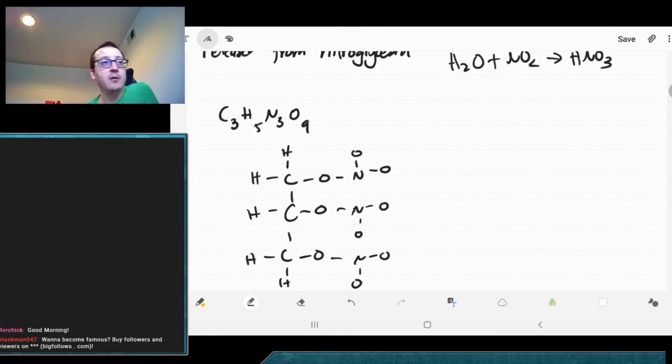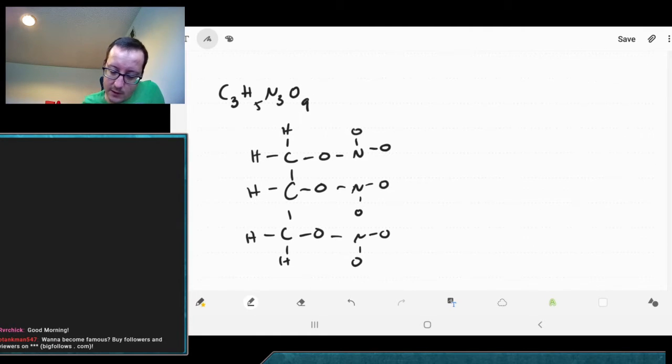The nitrate groups are potent oxidizers. So we're going to actually have a couple. No, that's it. Yeah. So this is a nitroglycerin here. Though typically, actually, one of these will be double bonded.